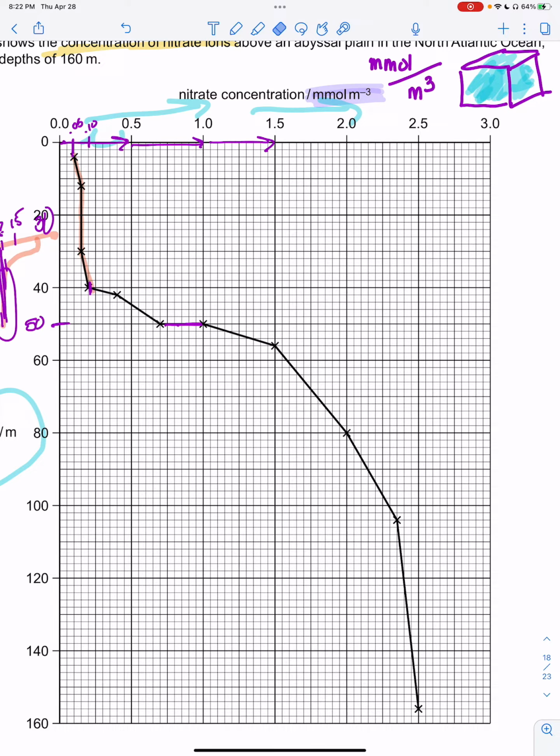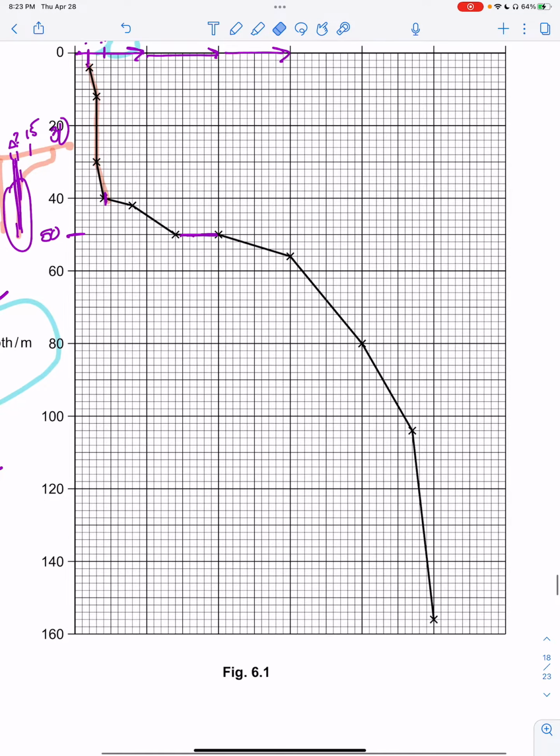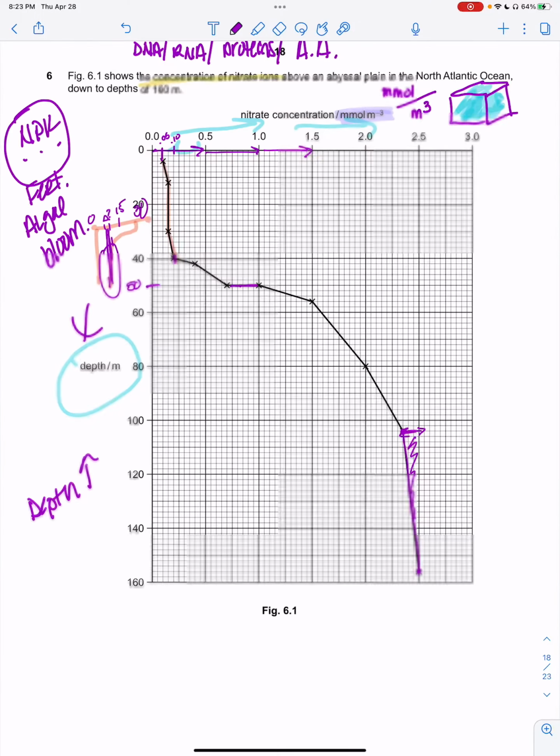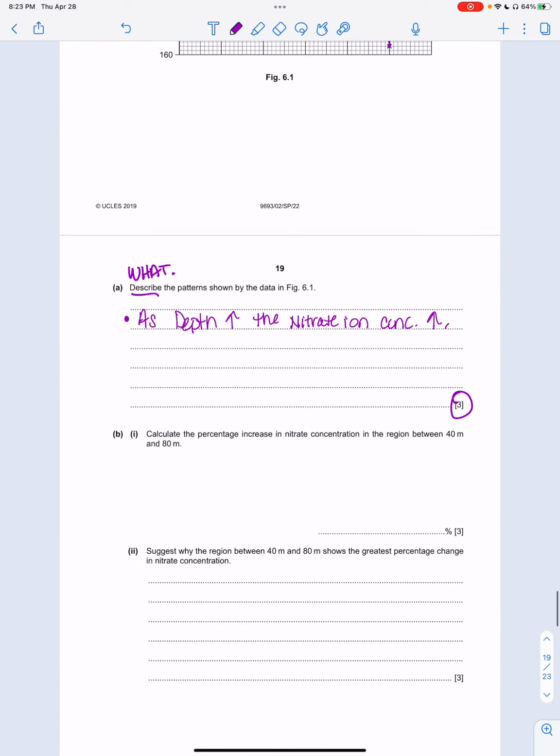You go from 0.75 to 1. Same with right here. This is also a very little change, going from here to here, just this distance. It's not that great of a change. Okay, we can add that though.